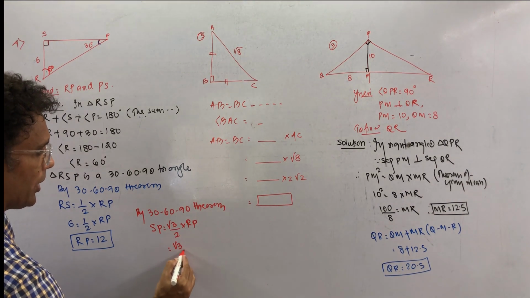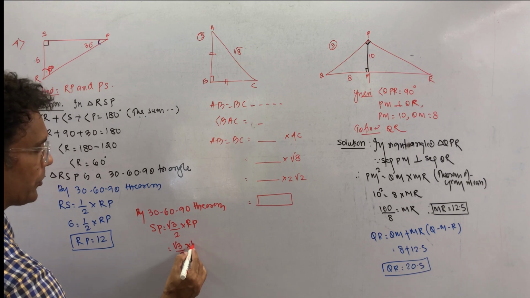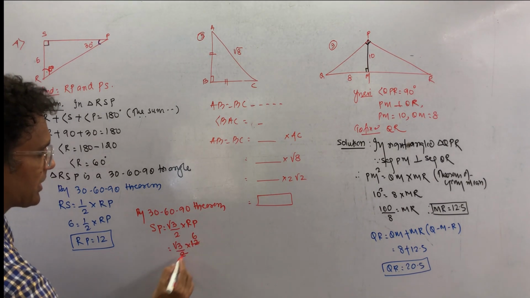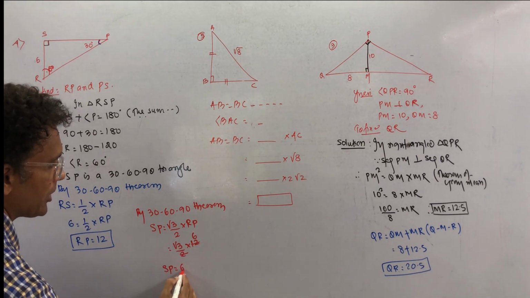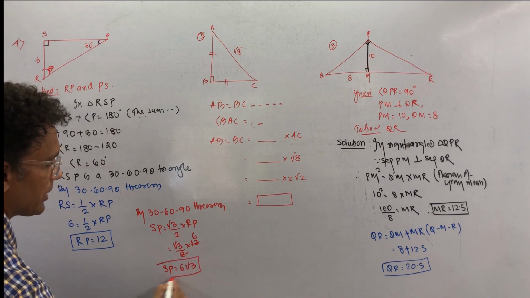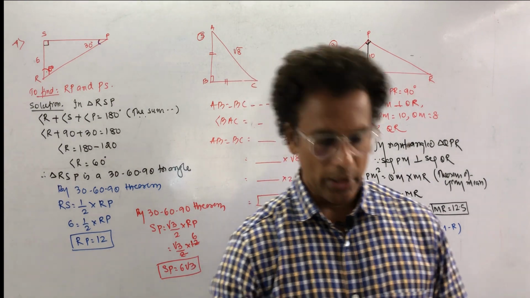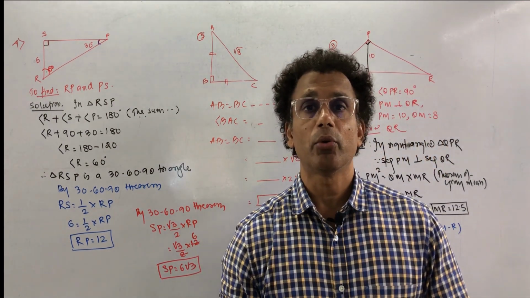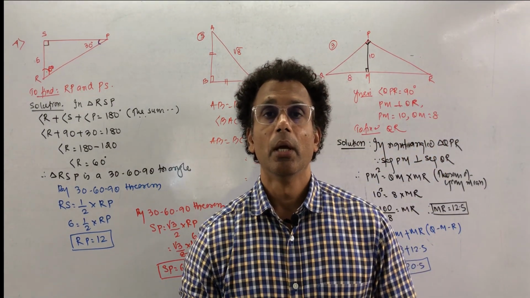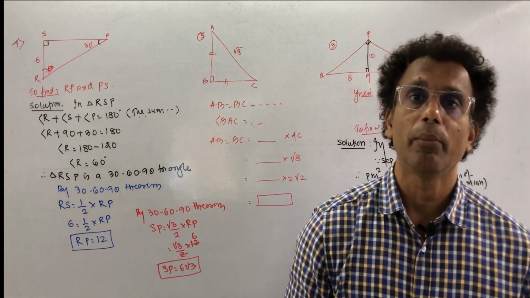So this is root 3 upon 2 times hypotenuse, which is 12, 2 times 6 is 12, and SP is equal to 6 root 3. So everybody keep in mind, again I repeat, the side opposite to 30 degree is half the hypotenuse and the side opposite to 60 degree is root 3 upon 2 times the hypotenuse.